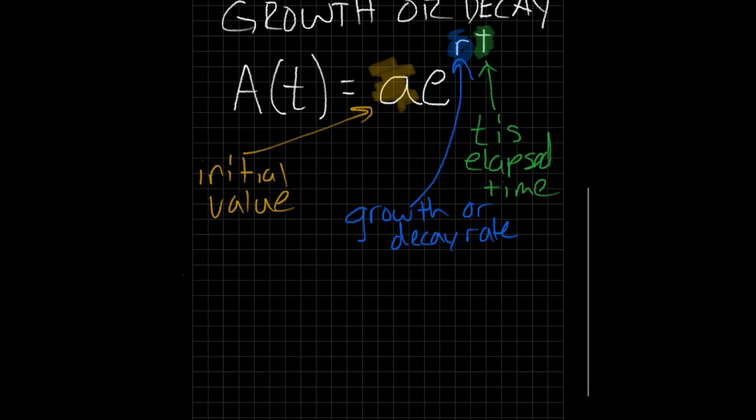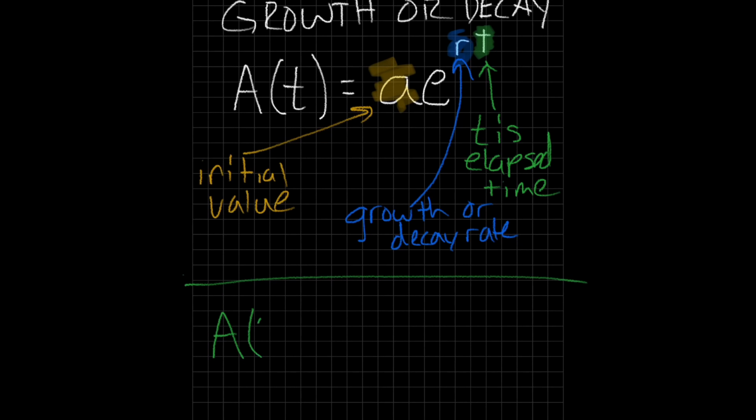So let's see what we have here. We're going to plug in 30 for t. We're trying to find out what our amount is. Our initial investment was $100,000.